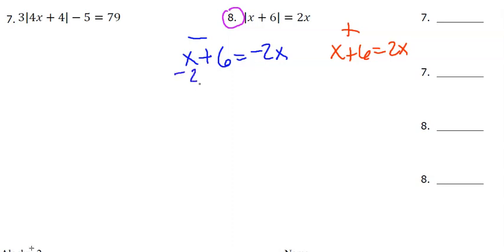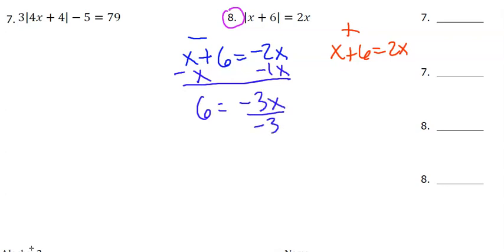Subtract x from each side. So we have 6 equals negative 3x. Divide by negative 3 each side. Negative 2 equals x for your negative piece. Now for your positive piece, subtract x from each side. 6 equals x.